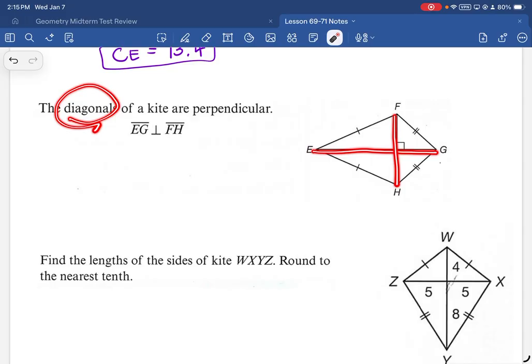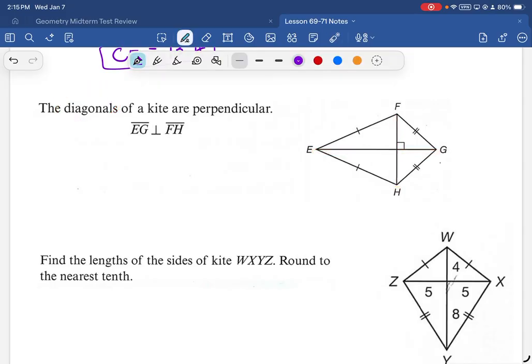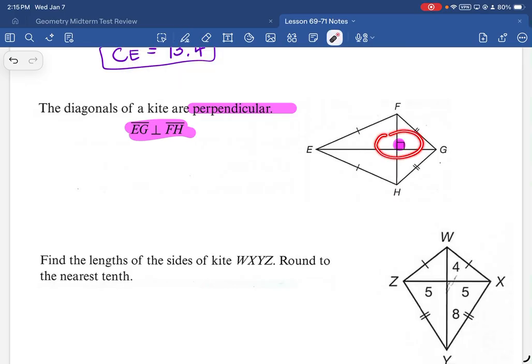All they're trying to tell you is that the diagonals of a kite are perpendicular. That little square in the diagram, that means perpendicular. This little upside down capital T, that means perpendicular. And obviously, the word perpendicular.